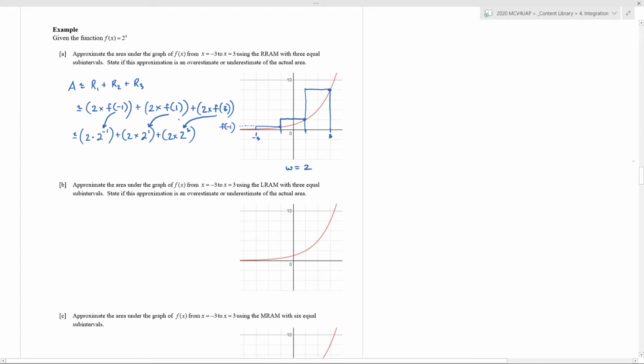Those are just the y values of where my dots are on my diagram there. So 2 to the -1 is a half, so that's just 1, plus 4, plus 2 cubed is 8 times 2 is 16, so I get an answer of 21. It's an overestimate.